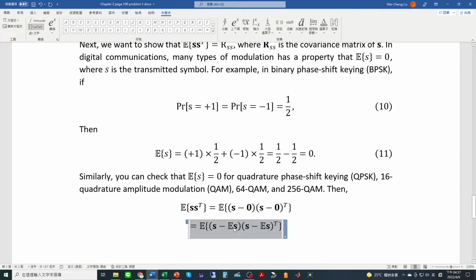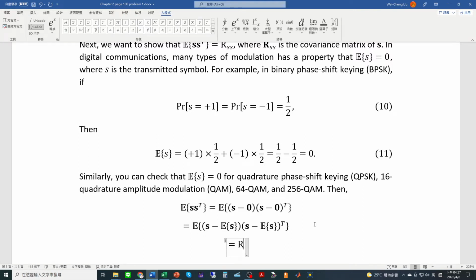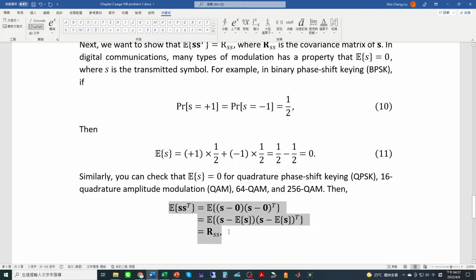Oh, no, so I need to add this. Okay, and this is equal to R_SS. Okay, like this. And let me align at the equality sign. Okay, good.